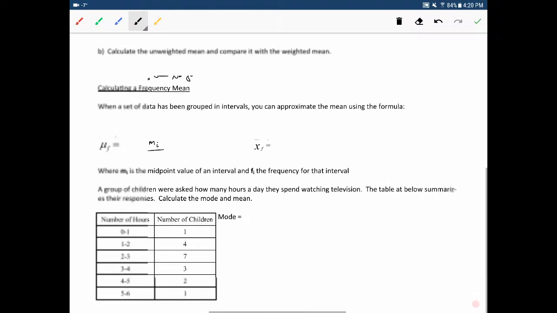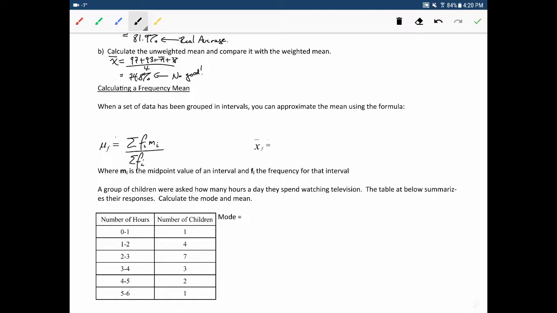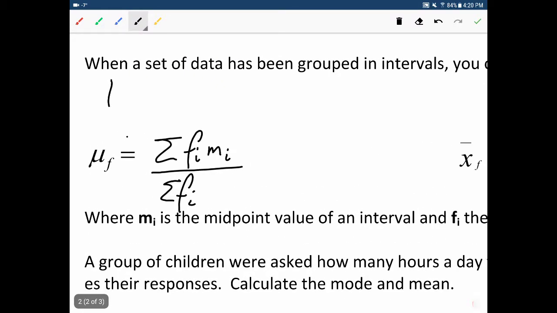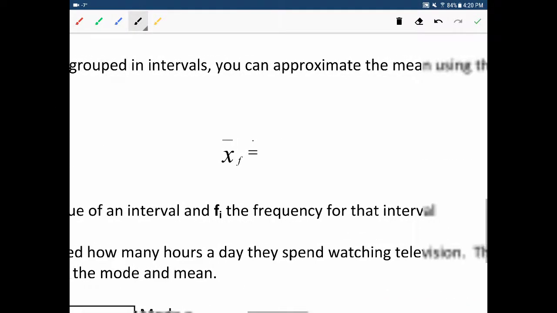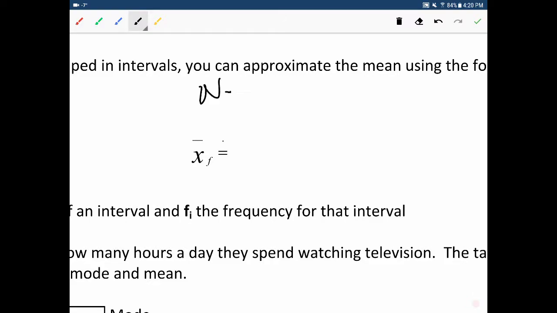I'm actually going to change what this says a little bit. This one's intervals, and this one we'll call non-intervals. This one is where it is discrete data, so I'm just going to change that so it's still a frequency mean.